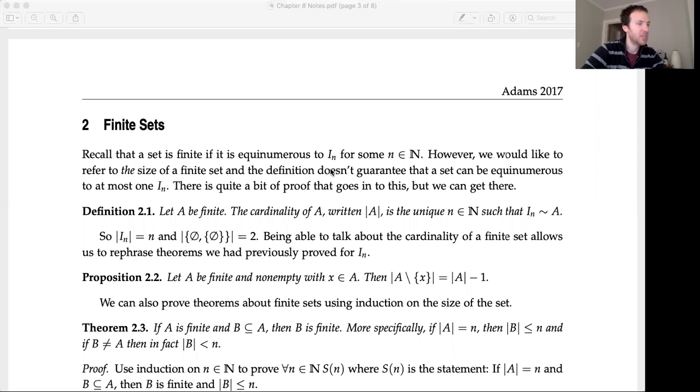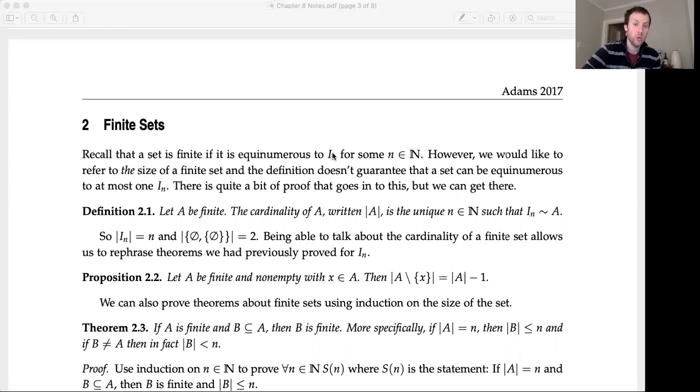And this is kind of a test for our definition. If we're saying sets have the same size when there's a bijection, finite sets need a single numerical size, and it should match the I_n that they are equinumerous to. And it turns out that you're able to do that.